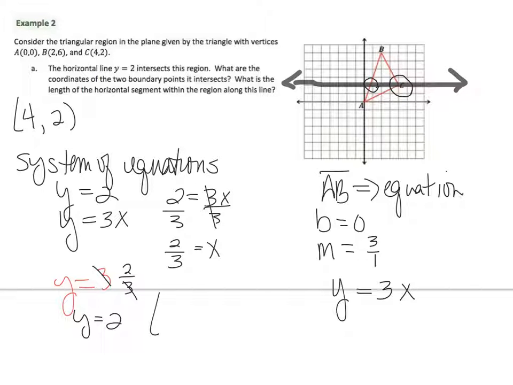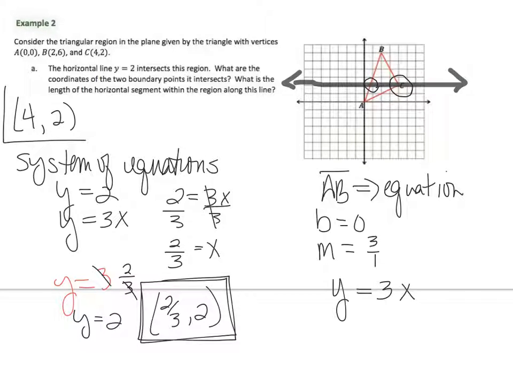The ordered pair is 2/3, comma 2. So I've got this point right here and this point right here. Now the length of the horizontal segment, that's our distance formula. So I need to find the distance between these 2 points, and I need a new slide.